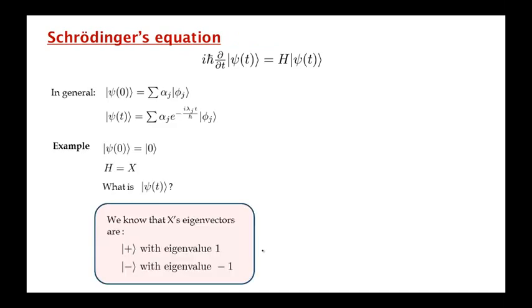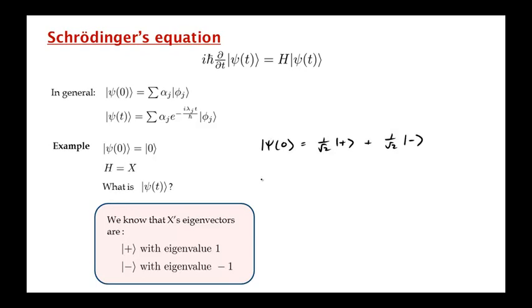Okay, so finally let's do an example. Suppose our Hamiltonian is X, the bit flip matrix, and we start off in the zero state. Then what's the state at time t? We all know the eigenvectors of X are plus and minus, with eigenvalues +1 and -1. So first we need to write psi of 0 in the eigenbasis. Psi of 0 is 1 over square root 2 plus, plus 1 over square root 2 minus.